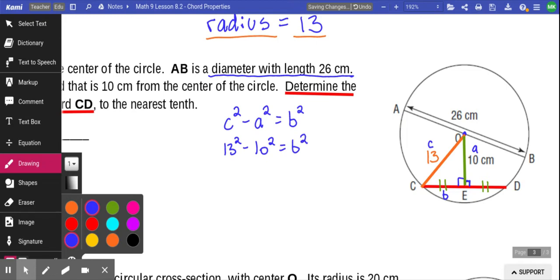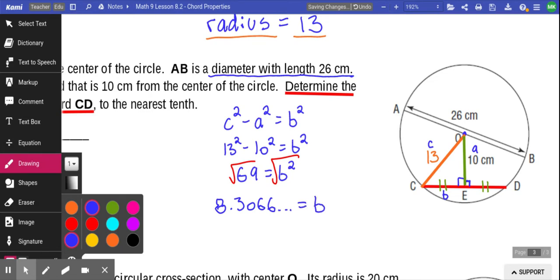That should be 69 equals B squared. Square root both sides. And the square root of 69 is 8.3066 and then 23863. I'm not going to write all those out.